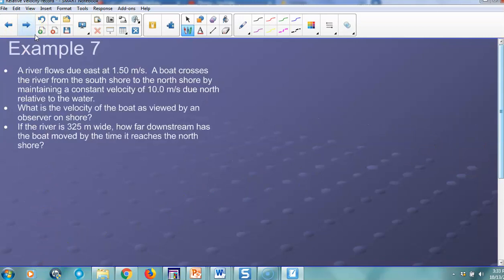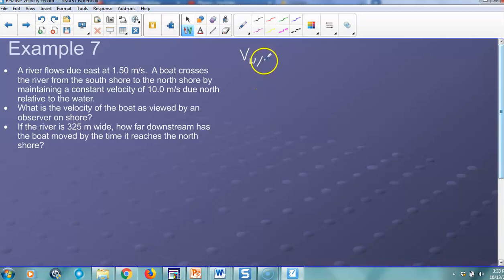Next problem. We have another river problem. We have a river flowing due east at 1.5 kilometers per hour. So that's going to be velocity of water, or you can make it river just so you've got some sort of notation that you keep consistent.